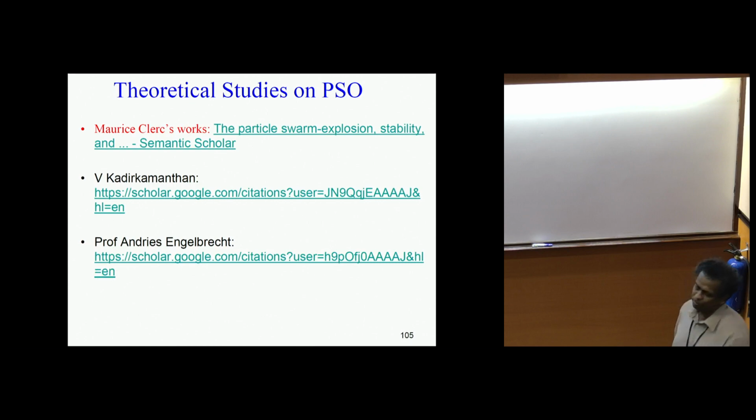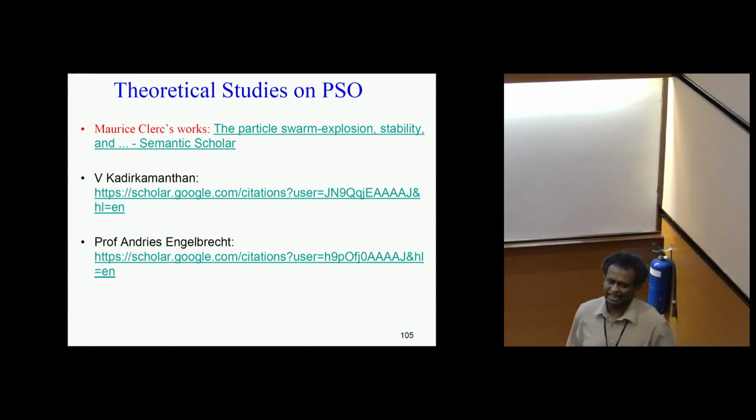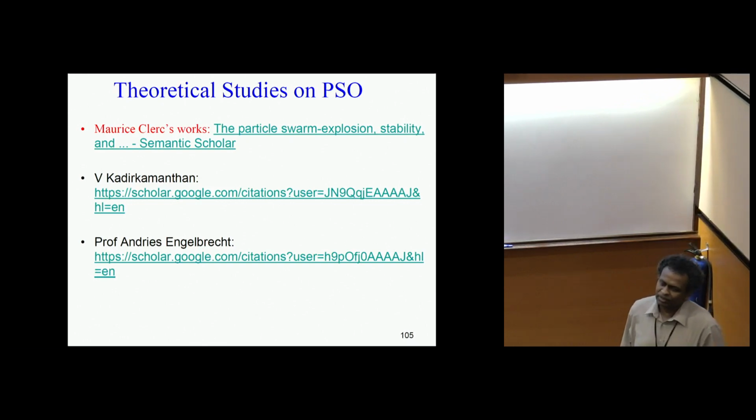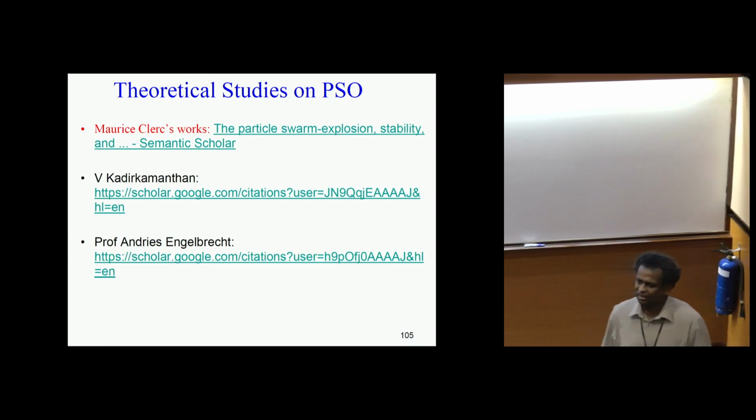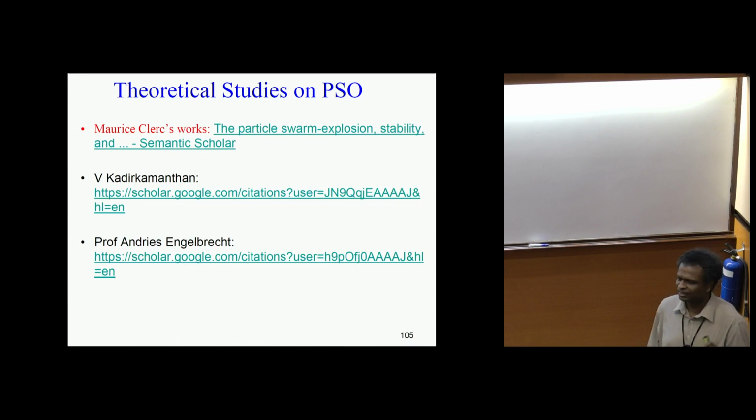So there are some other theoretical studies you want to look at. These are with respect to PSO. With respect to PSO, you need only one theoretical study because PSO has dynamics and velocities. So when you have dynamics and velocities, when will it become chaotic? Is this going to become chaotic? That is the only one question I respect. It's a meaningful question to ask. And the answer is like the C1, C2, there are two parameters.